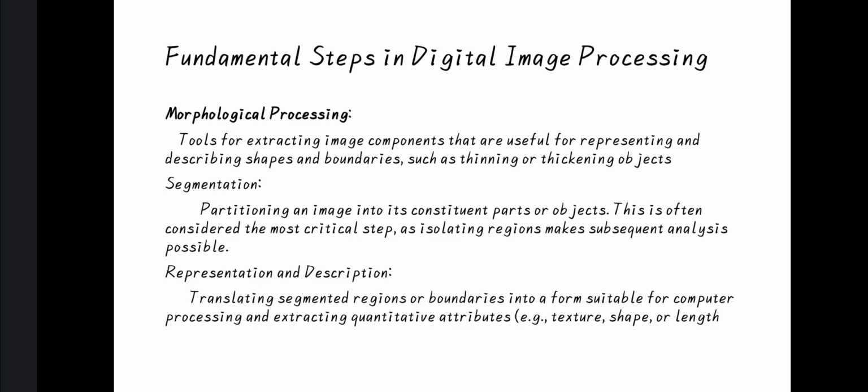Boundary representation focuses on external shape characteristics such as corners and inflections. Regional representation focuses on internal properties such as texture, then translating segmented regions and boundaries into forms suitable for computer processing, extracting quantitative attributes such as shape or length.